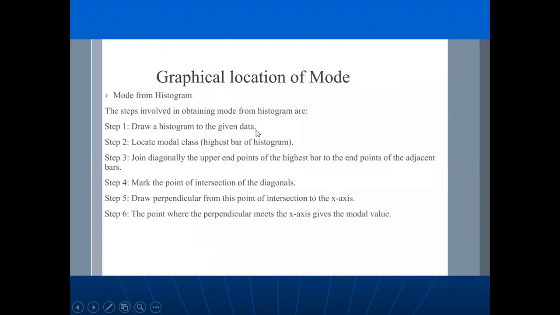So draw a histogram of the given data, locate the modal class, the highest bar of the histogram, and join diagonally the upper end points of the highest bar to the end points of the adjacent bar. Mark the point of intersection of the diagonals. Draw a perpendicular line from this point of intersection to the x-axis. The point where the perpendicular meets the x-axis gives the modal value.